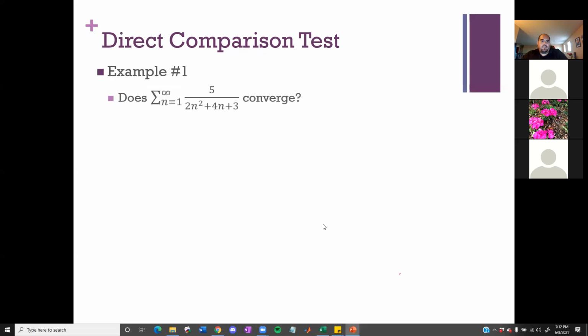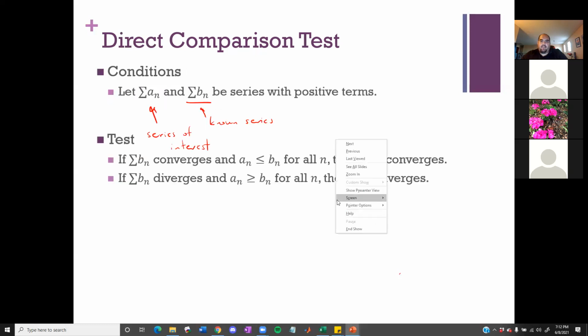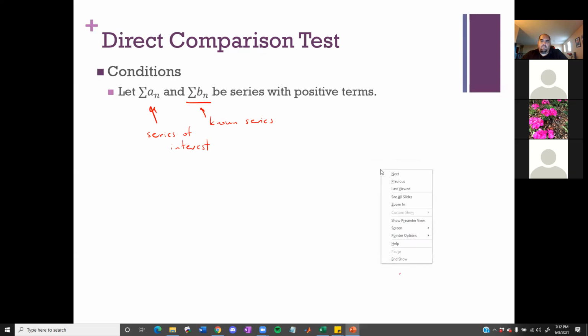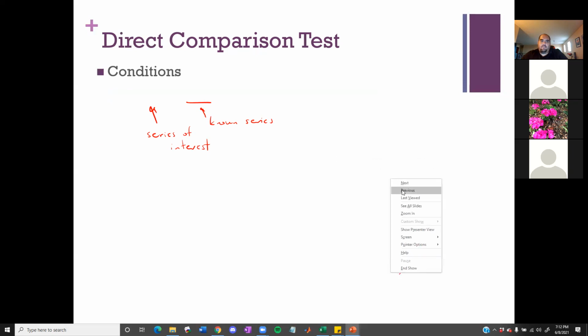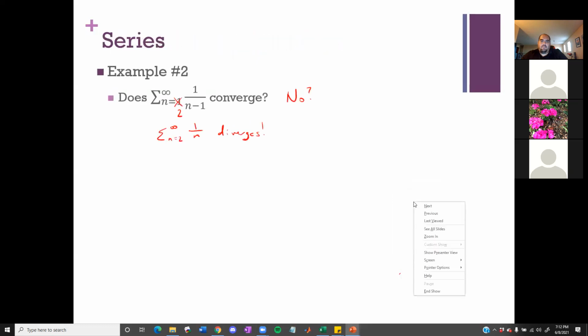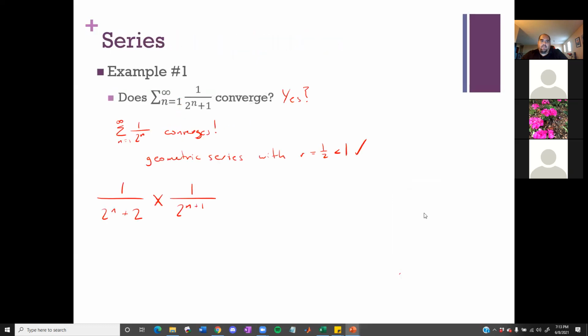All right, so now that we've done that, let's go back a few slides and fill in the details. So we would like to compare this with 1 over 2 to the n plus 1.